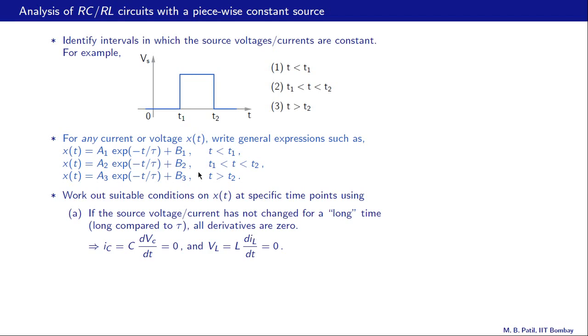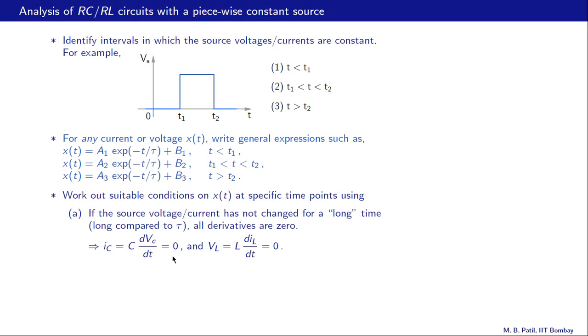For example, take this piece. If Vs has been 0 for a long time, then when we come to t1 minus, that is just a little bit before t1, the circuit is in steady state and all voltages and currents must be constant. And so the capacitor current, which is given by C dVC/dt, must be equal to 0.